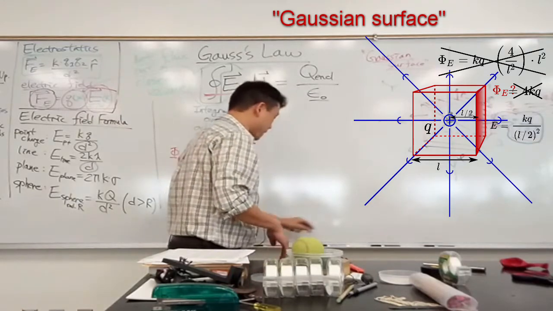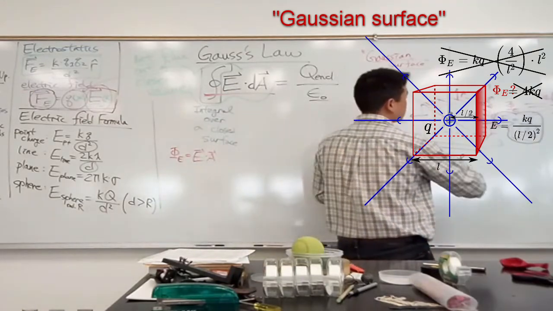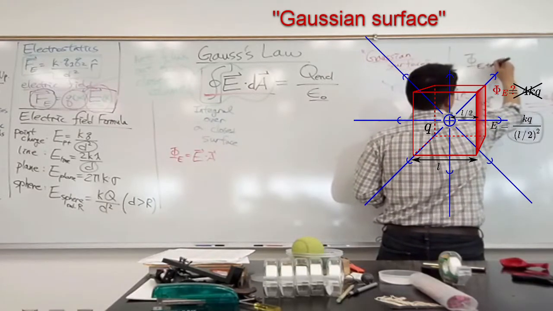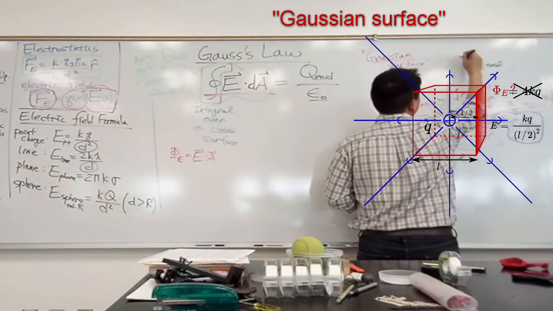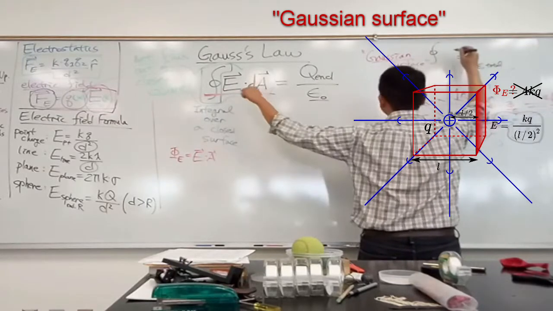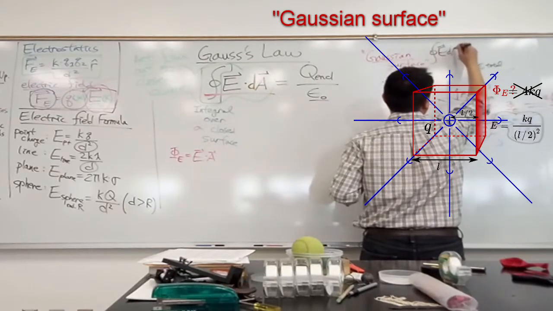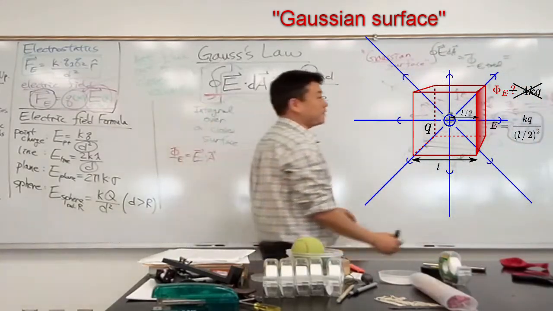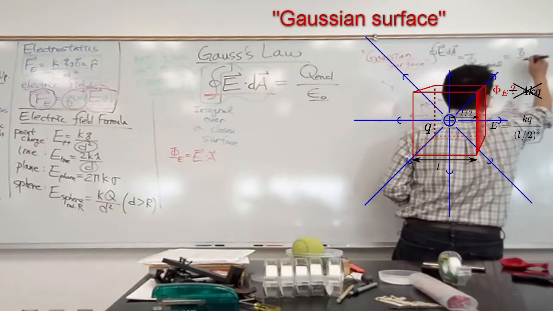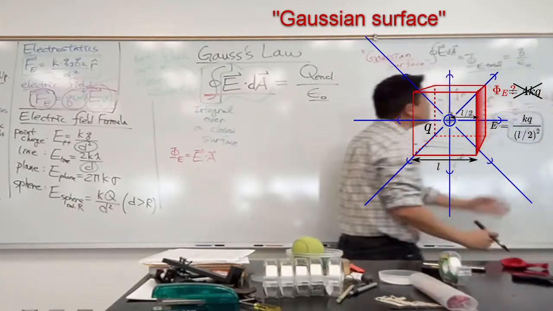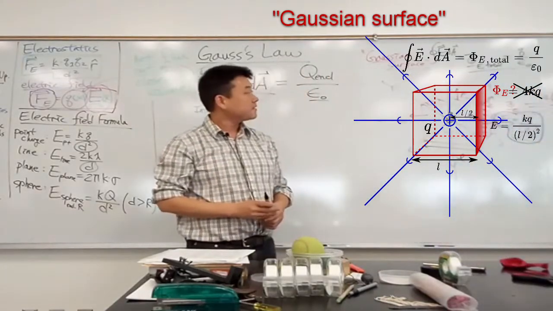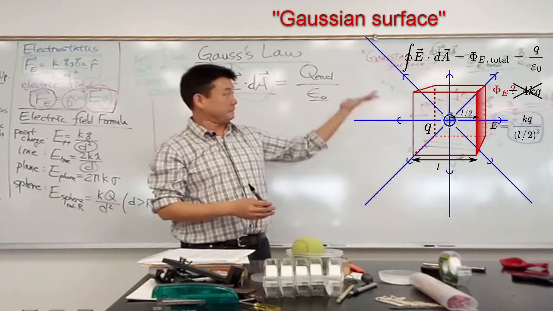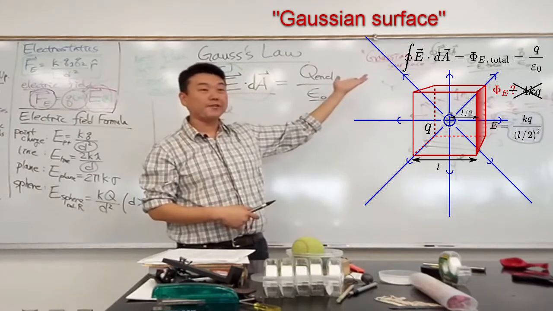So here you can say the total flux that's enclosed, the integral of E dot dA, is equal to what Gauss's law says it is, Q over epsilon naught. So this tells you what Gauss's law means. It doesn't quite tell you how it's useful to you. Okay, so that's the value of flux.